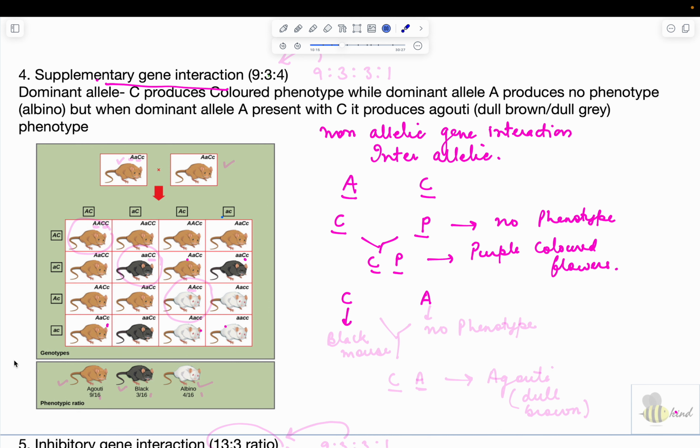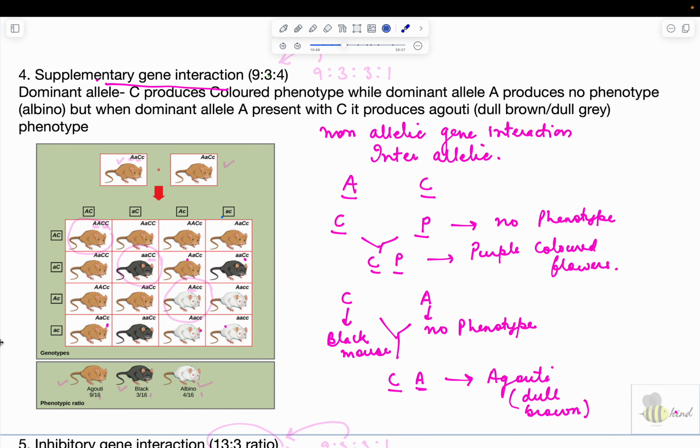C has a phenotype: it produces black color in mouse. A produces no phenotype. But when these two dominant non-alleles come together, they produce a different phenotype. That is the agouti mice. Agouti is dull brown.